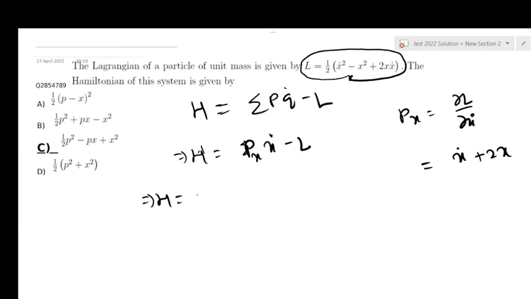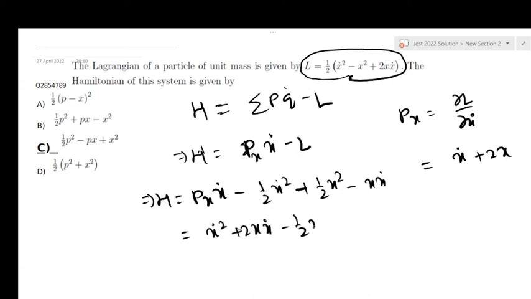Put the values: H is equal to px x dot minus L, that will be x dot square plus 2x x dot minus half x dot square plus half x square minus x dot.